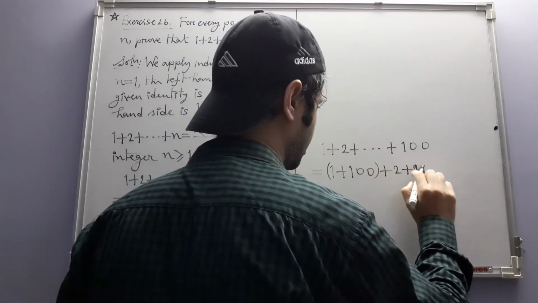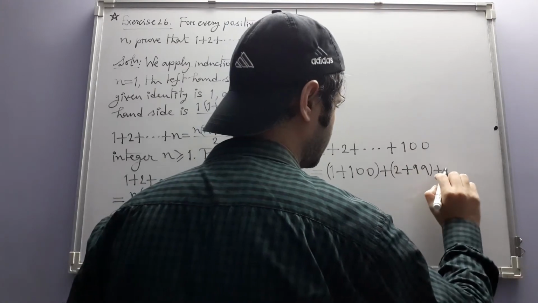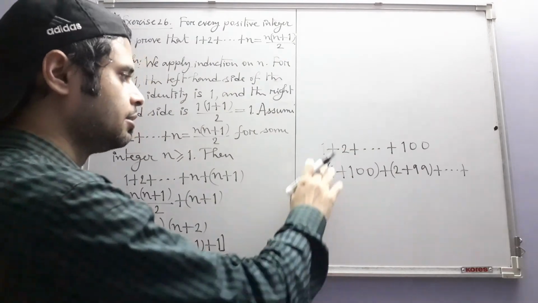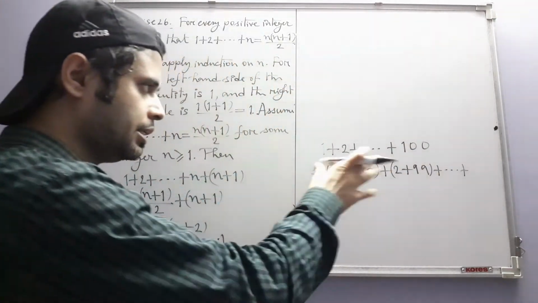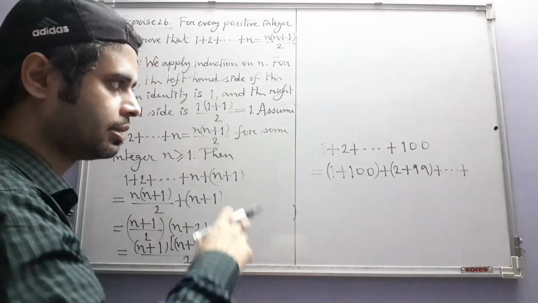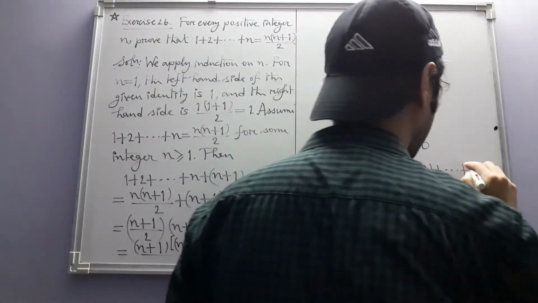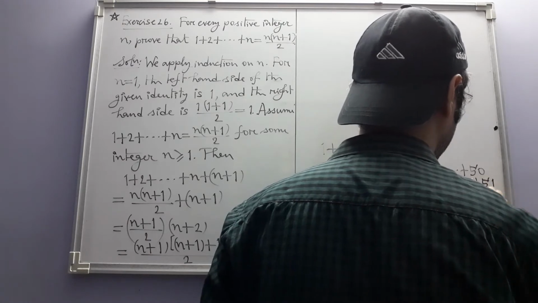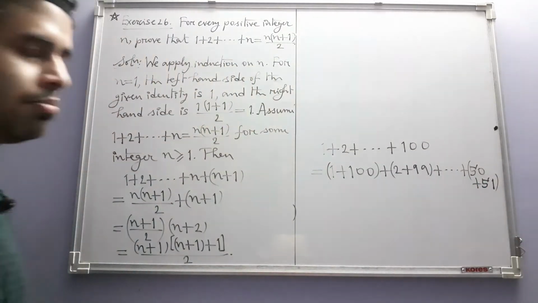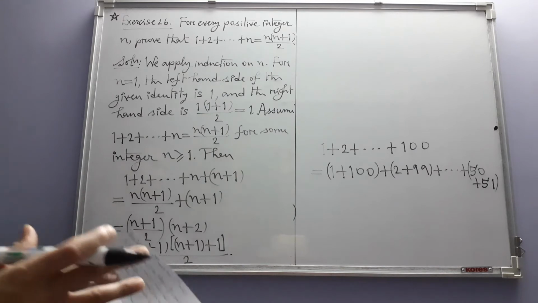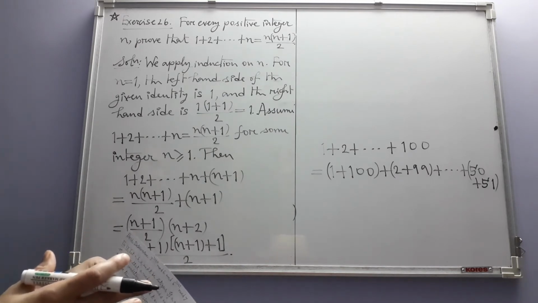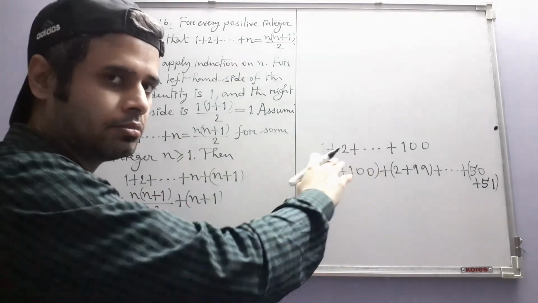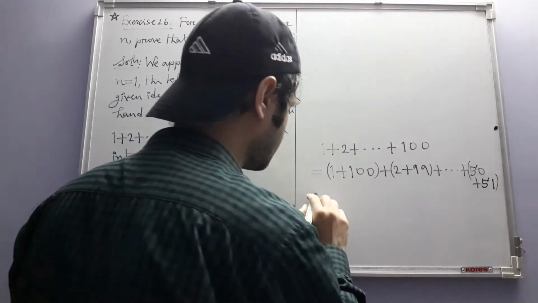1 plus 100, 2 plus 99, plus, if you continue like this, say you take 1 with 100, then 2 with 99, then 3 with 98. In this way, if you continue, you will eventually reach 50 plus 51, because you are considering terms which are closer and closer in this sum, according to their arrangements.